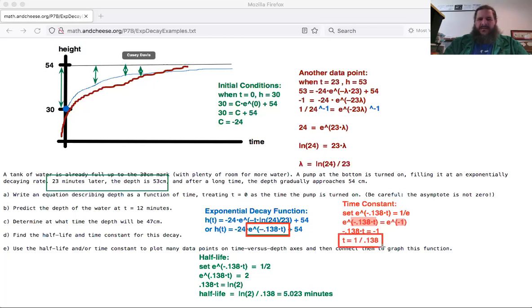And how does that compare to the half-life? How are those related to each other? What's the only difference between those two expressions?